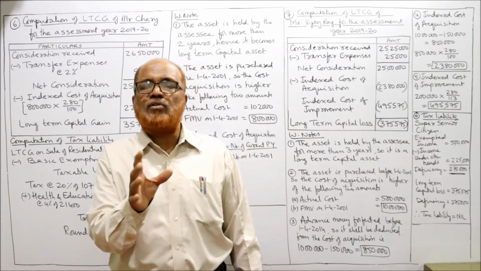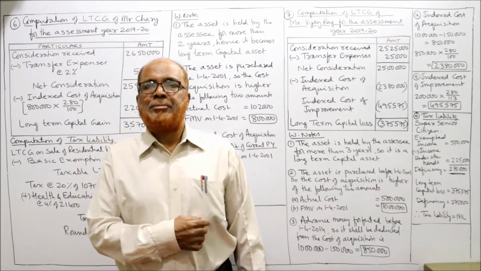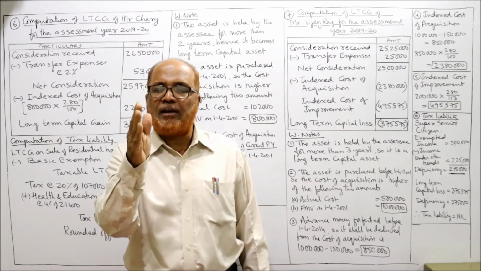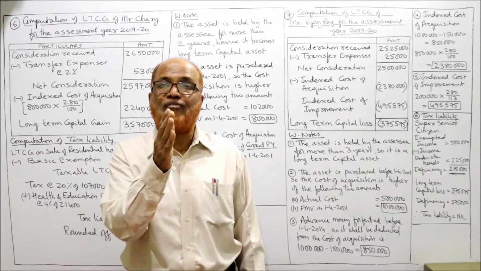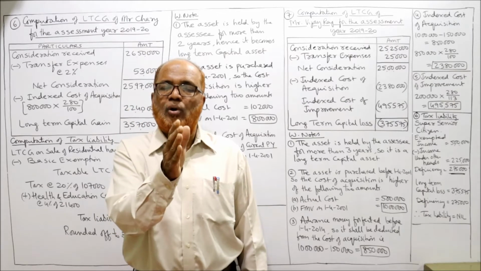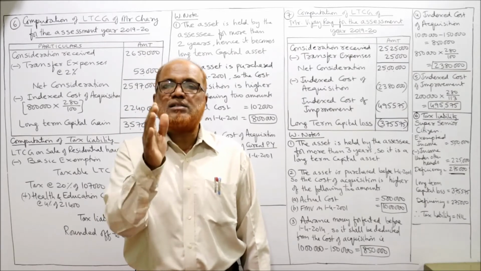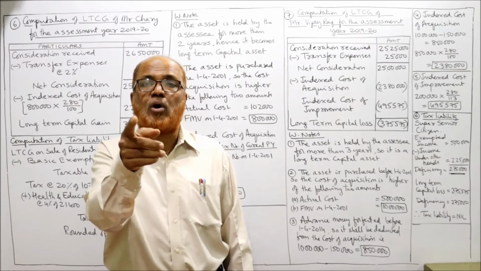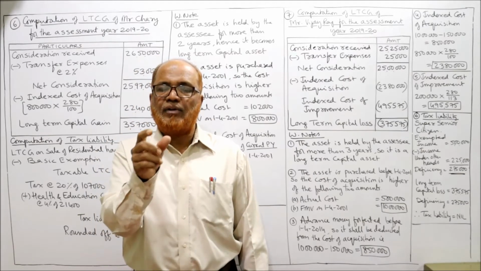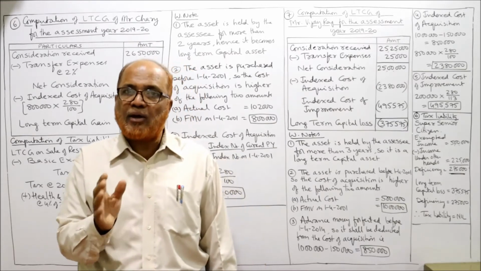Now, according to the provisions of the IT Act, if the advance money is forfeited before 1/4/2014, remember the date, the advance money will be deducted from the cost of acquisition.